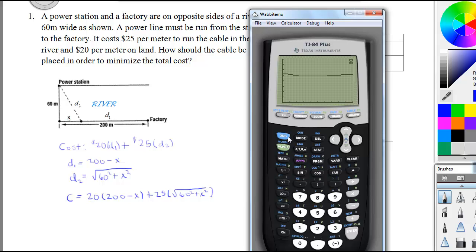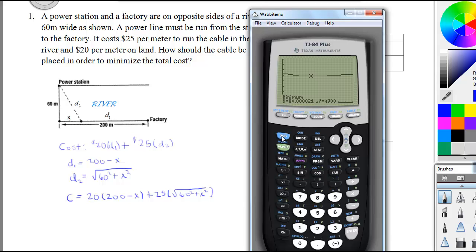Okay, so second, calculate minimum. Enter. Enter. And the minimum is when x is 80 and y is 4,900.